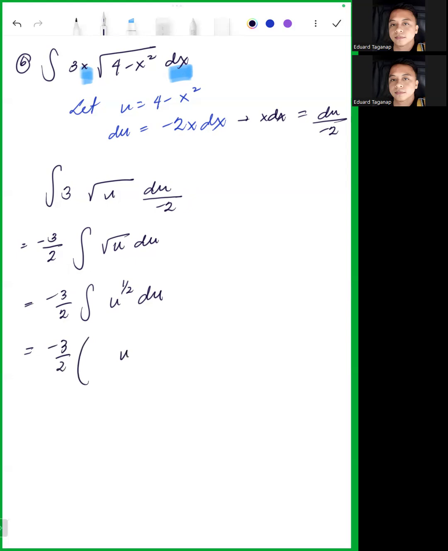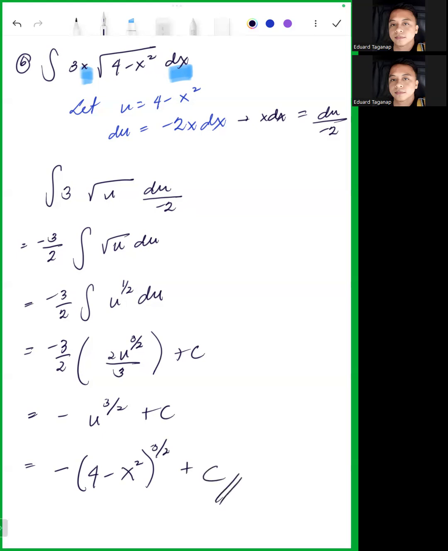So we have u raised to 3 over 2 because that's 1/2 plus 1, over 3 over 2, which becomes times 2/3, plus c. If we simplify that, we get negative u raised to 3 over 2 plus c. But u here is 4 minus x squared, so that's 4 minus x squared raised to 3 over 2, plus c. And I think that's it. See you in the next video for more examples.